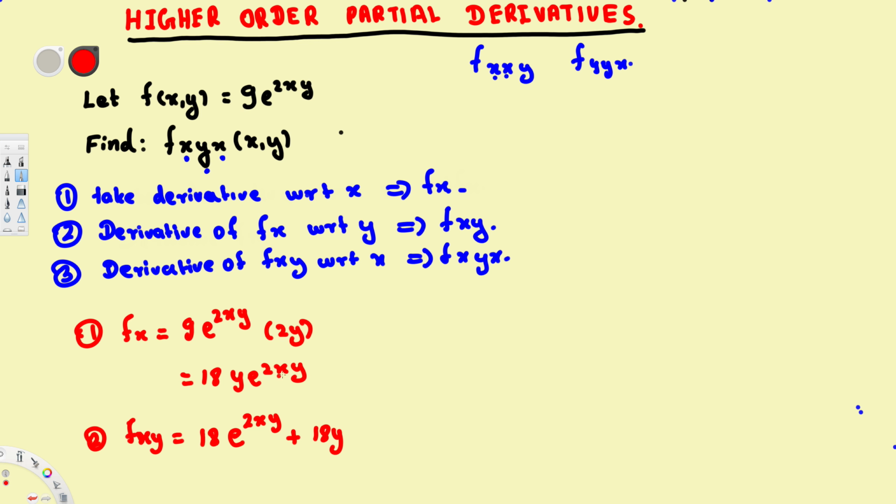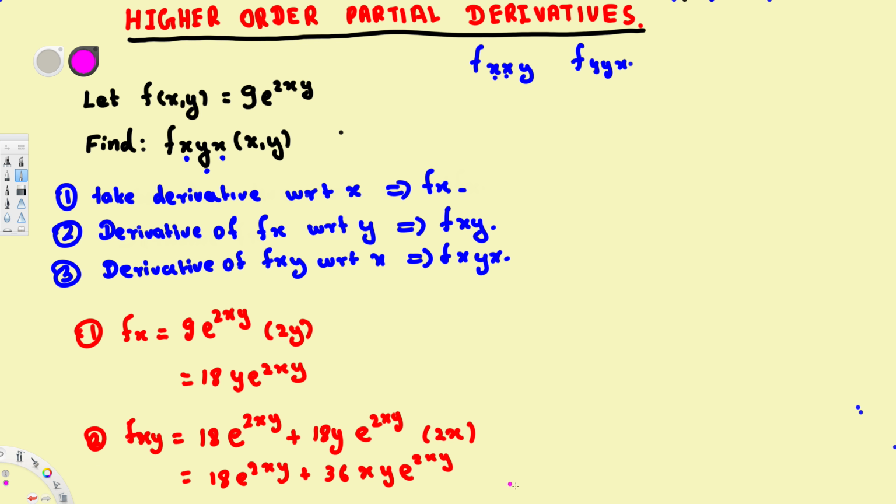Then we take the derivative of the other one, that's going to be e power 2xy. When we take the derivative with respect to y, we treat x as a constant, and this is going to be just 2x, right? Now let's simplify this one. This is going to be 18 e power 2xy plus 36xy e power 2xy. So this is our fxy.